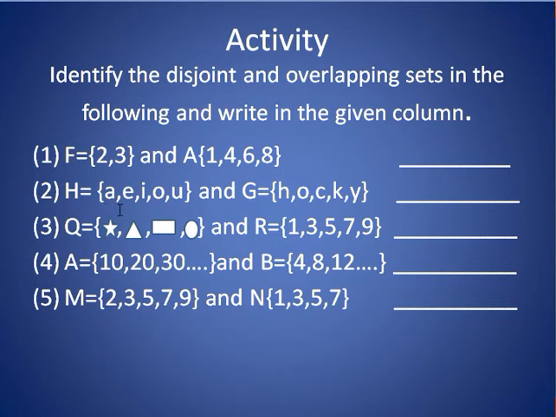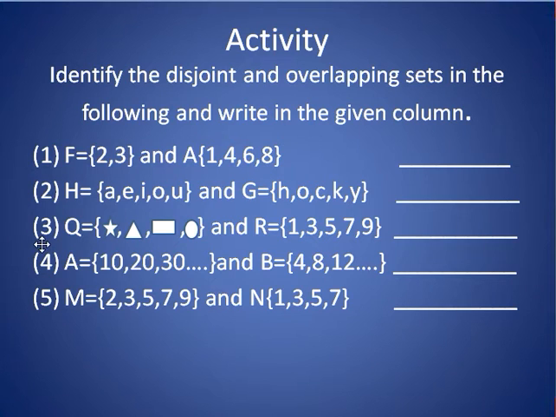Set H has elements A, E, I, O, U, set G has elements H, O, C, K, Y. You can see one common element in both sets, that is O, and set H is not a subset of set G, and all the members of set G are also not present in set H. So set G is also not a subset of set H. So these sets are overlapping sets.